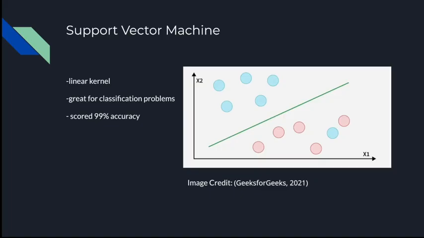We could try to change from a linear kernel, which is the boundary line, to like a polynomial, maybe try to get some more accuracy. However, considering it scored almost exactly 99% accuracy, there's not really a reason to. This ended up being our best model, so there's not really much reason to switch from a linear kernel.